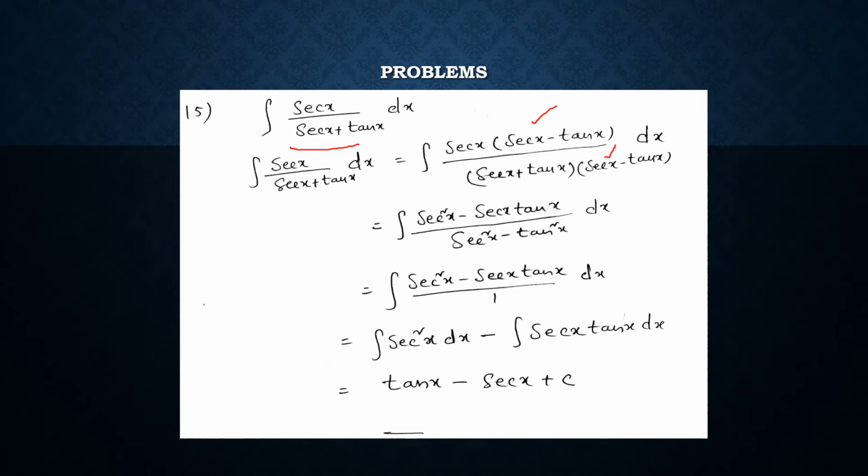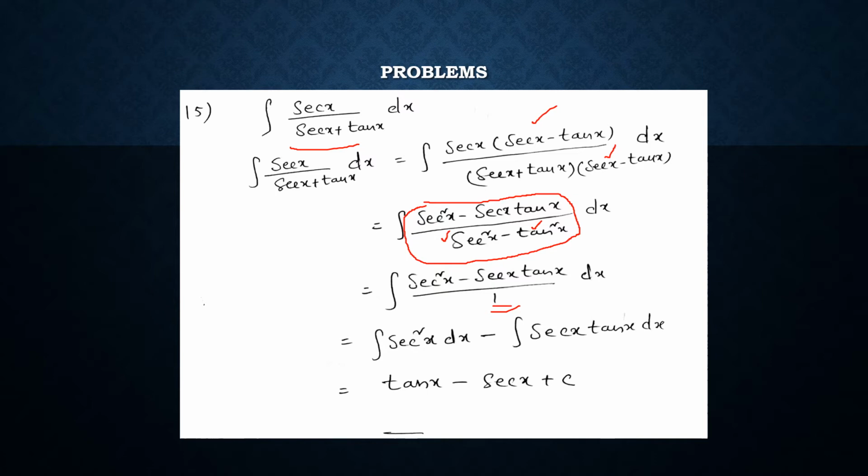minus tan x. That becomes secant square x minus secant x tan x divided by the denominator, which is in the form of a plus b into a minus b. So that becomes secant square x minus tan square x, and its value is 1. So that is integral of secant square x minus secant x tan x by 1 dx.